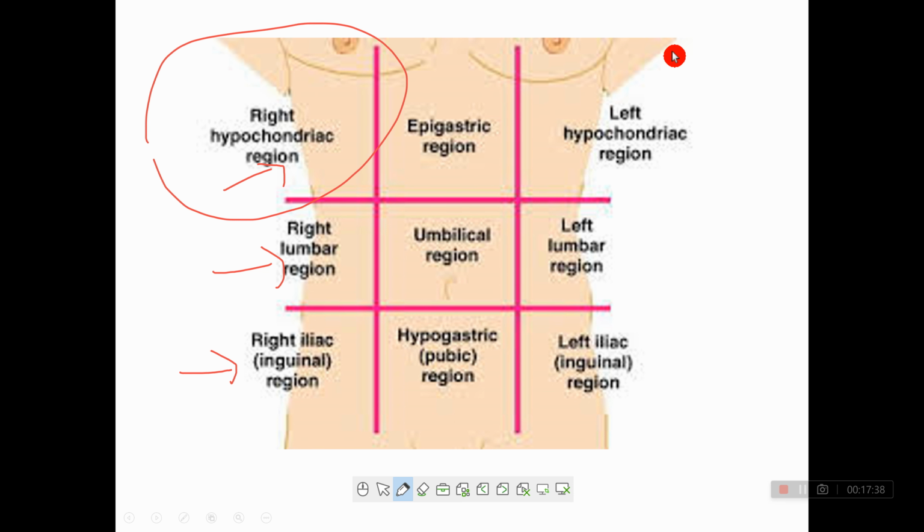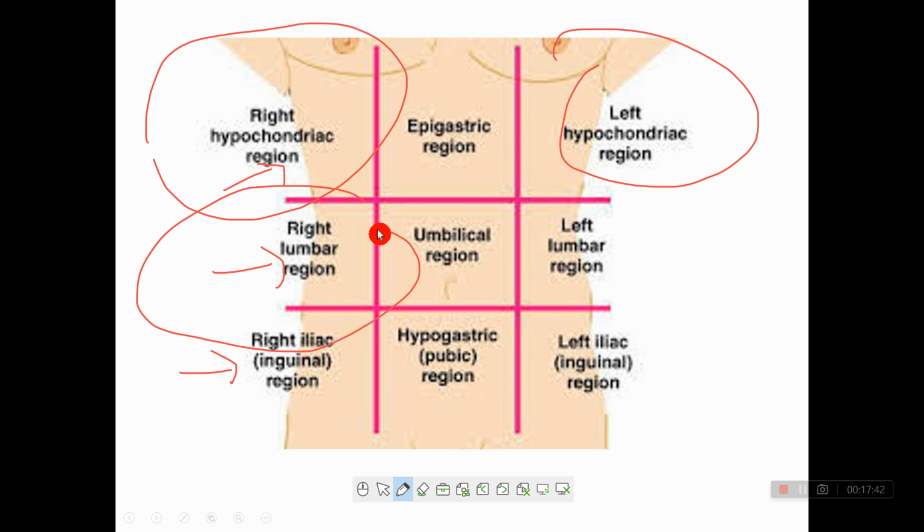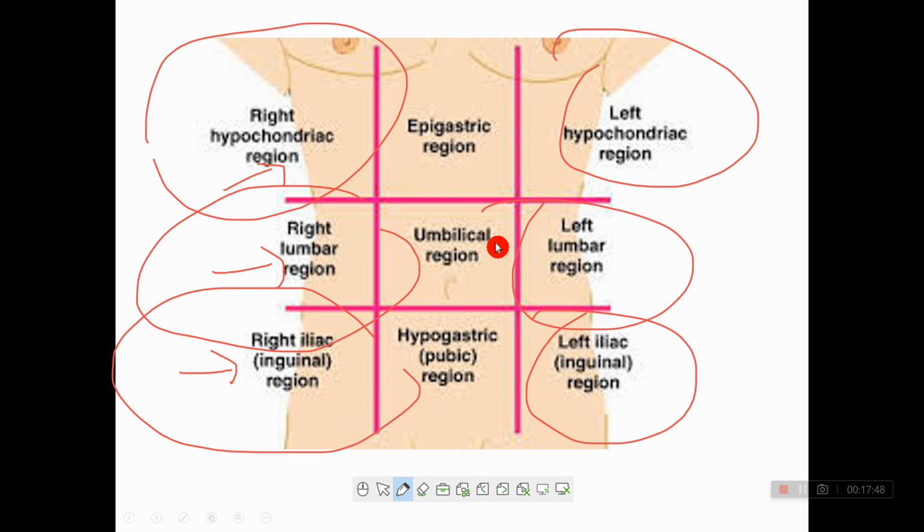Right hypochondriac region, left hypochondriac region, right lumbar region, left lumbar region, right iliac region, left iliac region. The middle one is called the umbilical region. Above the umbilical region is the epigastric region, and below the umbilical region is the hypogastric or pubic region.